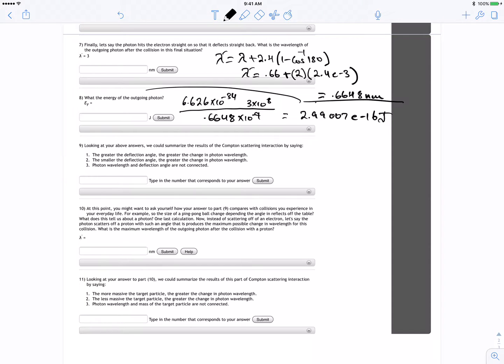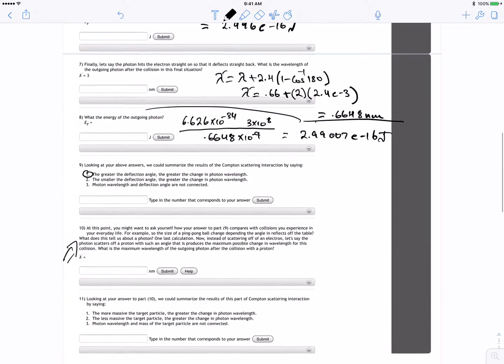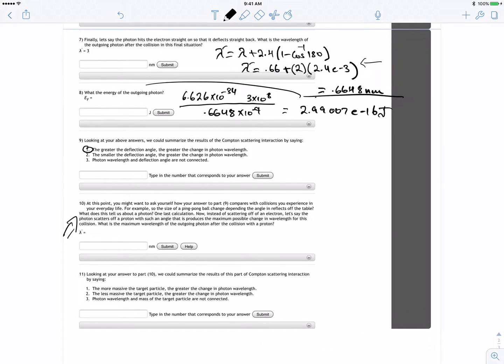Summarizing the results of the Compton scattering interaction, the greater the deflection angle, the greater the change in the photon. That makes sense. This question is basically repeating the full deflection. It asks what the greatest angle is to get the maximum wavelength.